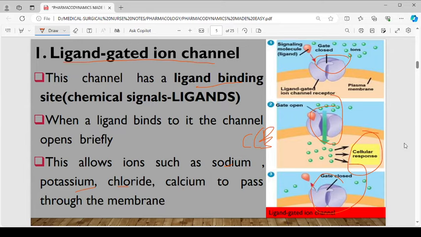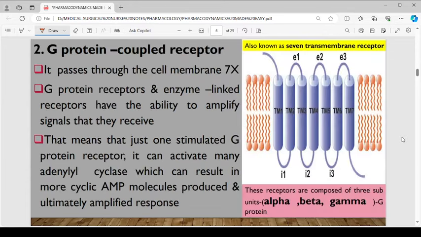You can use it to do that, but at this juncture, we just want to understand that there is a ligand-gated ion channel in which this channel has a binding site. So this is where the drugs or the ligands are going to attach. Once they attach, they open these channels, and then these channels will allow the exchange of these electrolytes, which is going to cause an imbalance, either depolarization or repolarization, as the case may be.